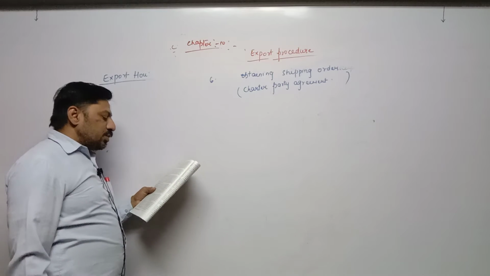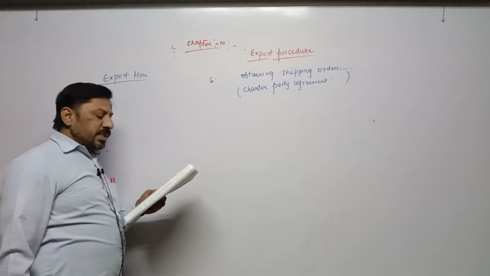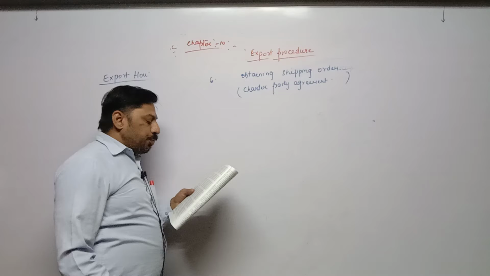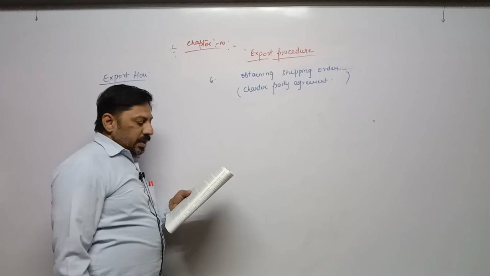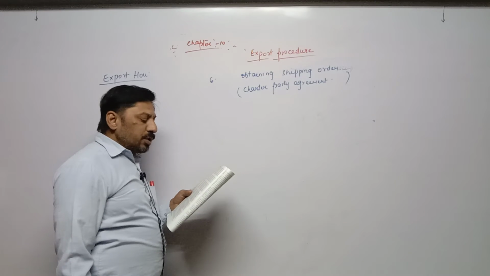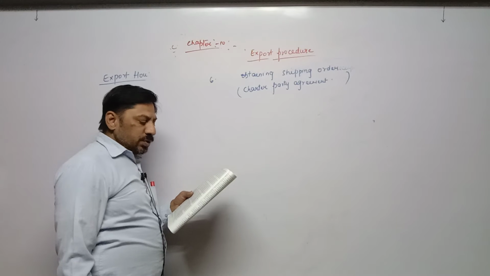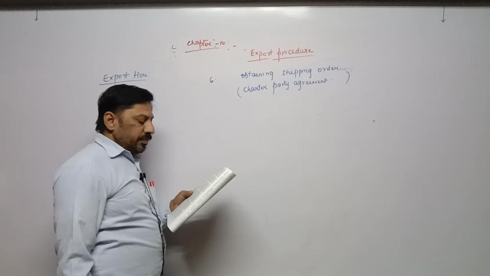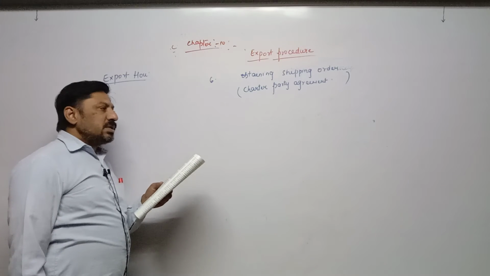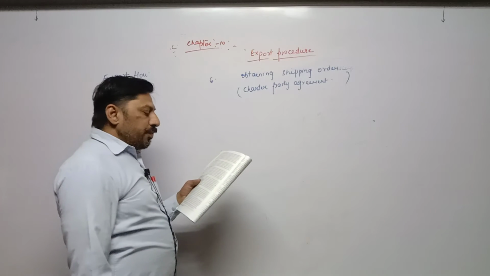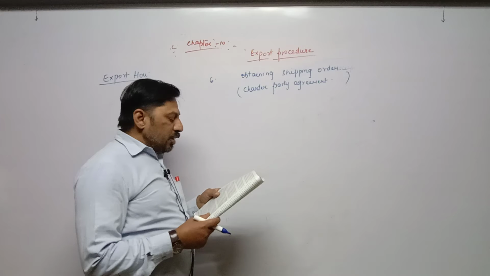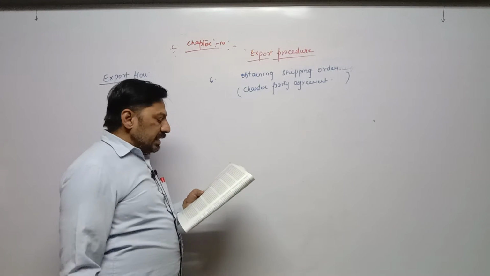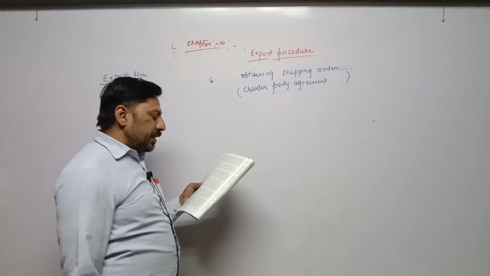So the exporter has to contact a shipping company if the goods are to be exported through seaway, and an application is made to the company which assures readiness to reach the goods on a certain date. The details of goods such as quantity, weight, size, the date of sending the goods, price, etc. are mentioned in this application.